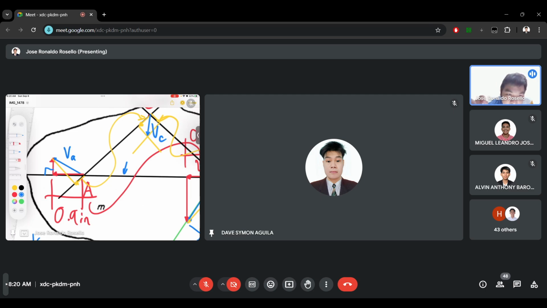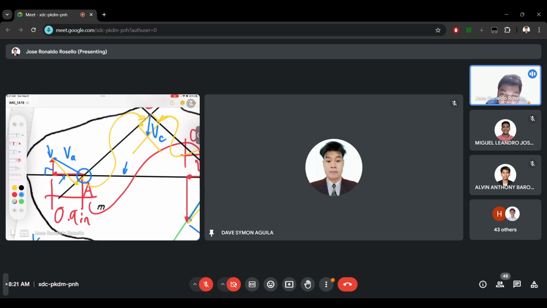Tapos from point A, gumawa ako ng vector din na tatama doon sa vector na ginawa kong una. So nagkaroon ako ng vector na nakahiga. Nagsimula yan lahat sa vector BA na blue.